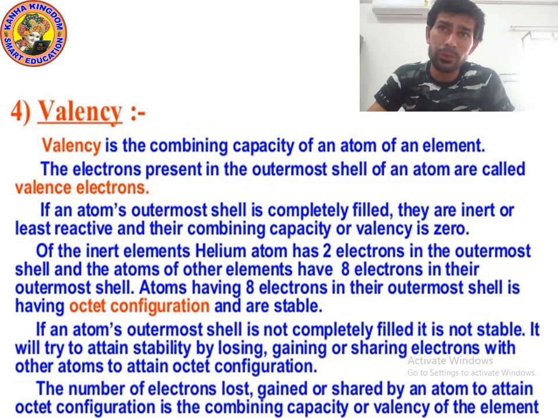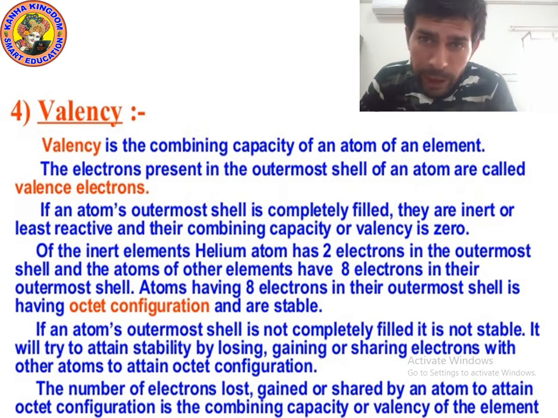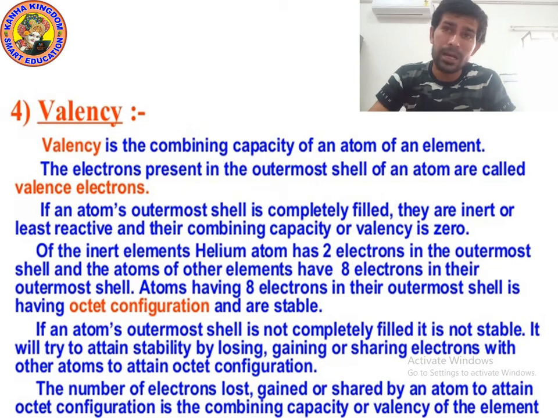Most of the time they do not react if the outermost shell is completely filled. Completely filled means the outermost shell should have 8 electrons. If 8 electrons are present, it will not react with any other.